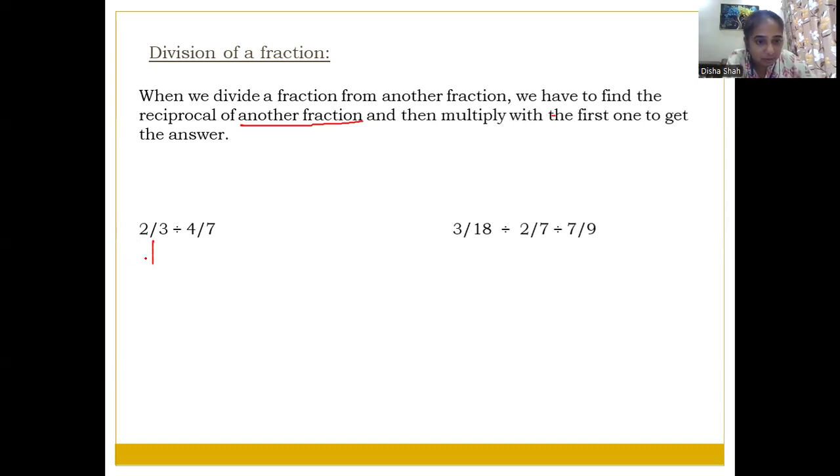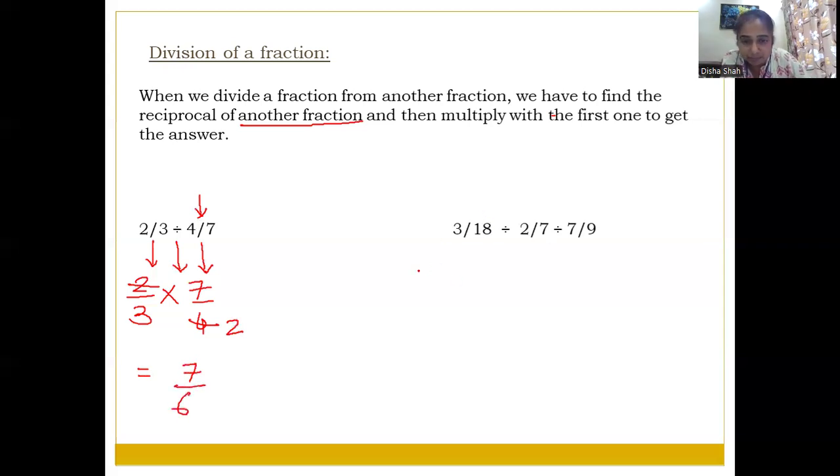So 2 by 3 we will write as it is. डिवीजन का कर देंगे मल्टीप्लिकेशन एंड 4 by 7 का we have to do the reciprocal, that is 7 by 4. हमेशा ख्याल रखिए ये जो सेकंड वाला नंबर है उसका रेसिप्रोकल करना है, फर्स्ट का नहीं. Okay, so here the answer is 7 by 6.